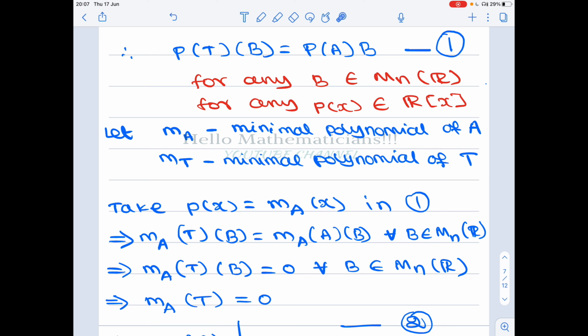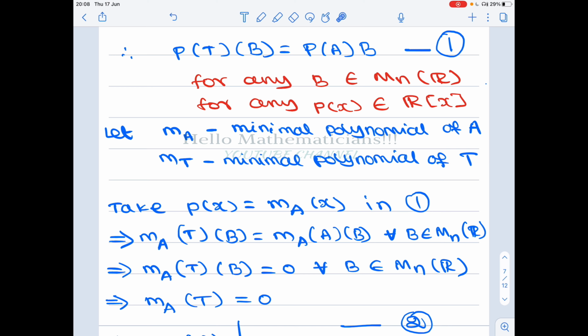Conversely, we will show that A satisfies the minimal polynomial of T. Then the minimal polynomial of T is some polynomial satisfied by A. By the property of the minimal polynomial of A, the minimal polynomial of A divides all the polynomials satisfied by A. Now A satisfies the minimal polynomial of T. Therefore, the minimal polynomial of A divides the minimal polynomial of T. So this is the other direction.